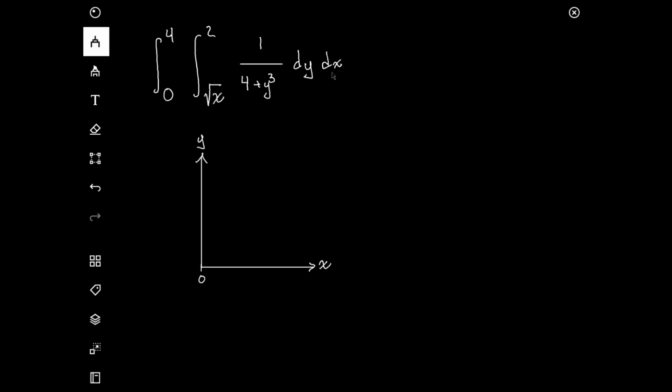We go from 0 to 4. Awesome. Now our y bounds, we know what our top bound is. So let's go ahead and just throw that on here. We have 2. Now let's actually draw the line for these bounds.